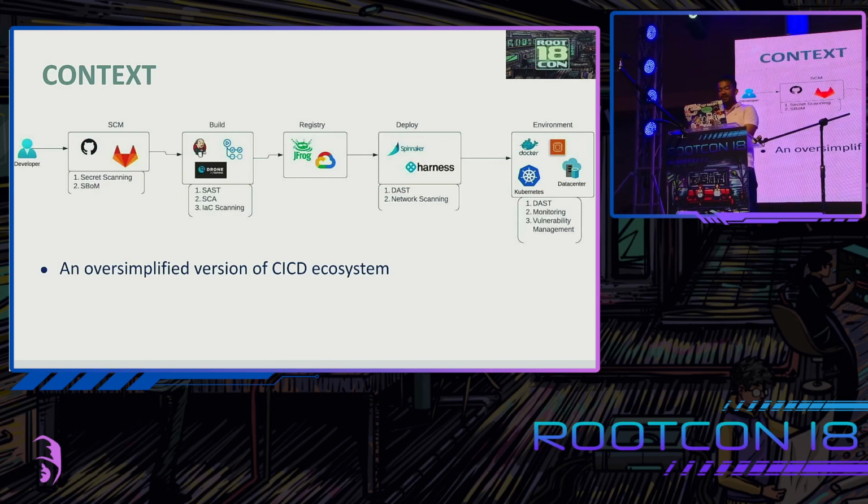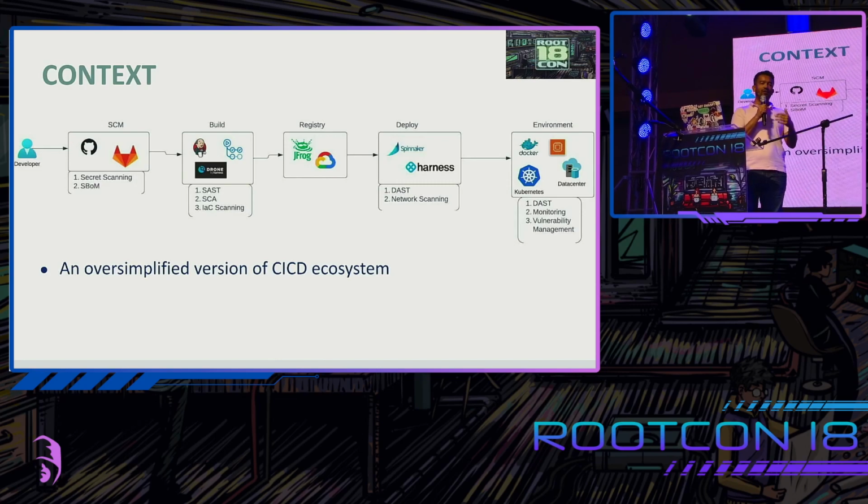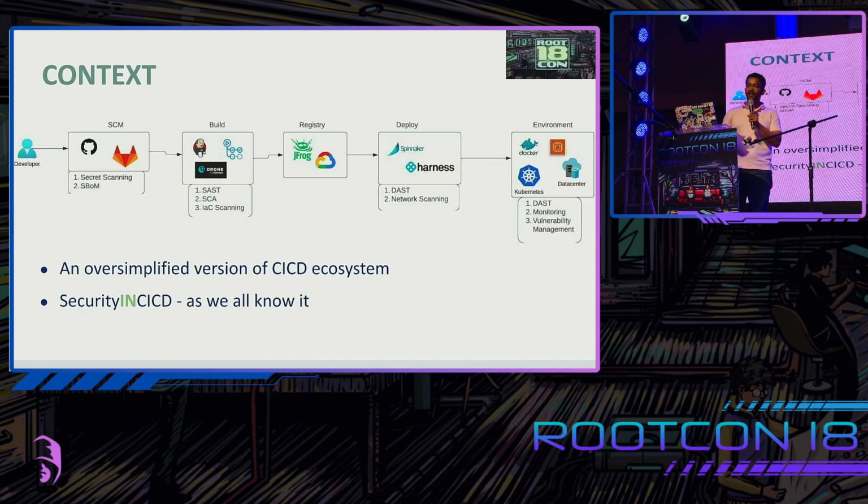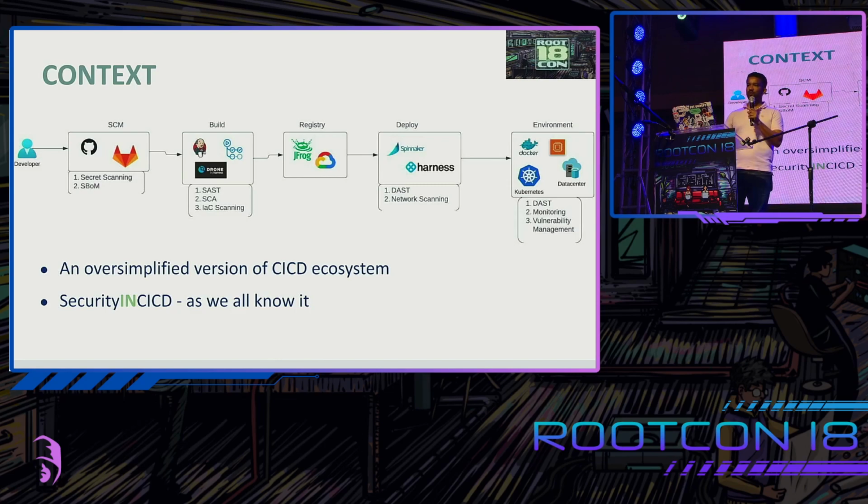The things I mentioned in this slide all come under security in CI/CD, as we all know it: the integration of security controls in each phase of the CI/CD platforms. Everyone who has been into application security will know that it's been going on for some years now.